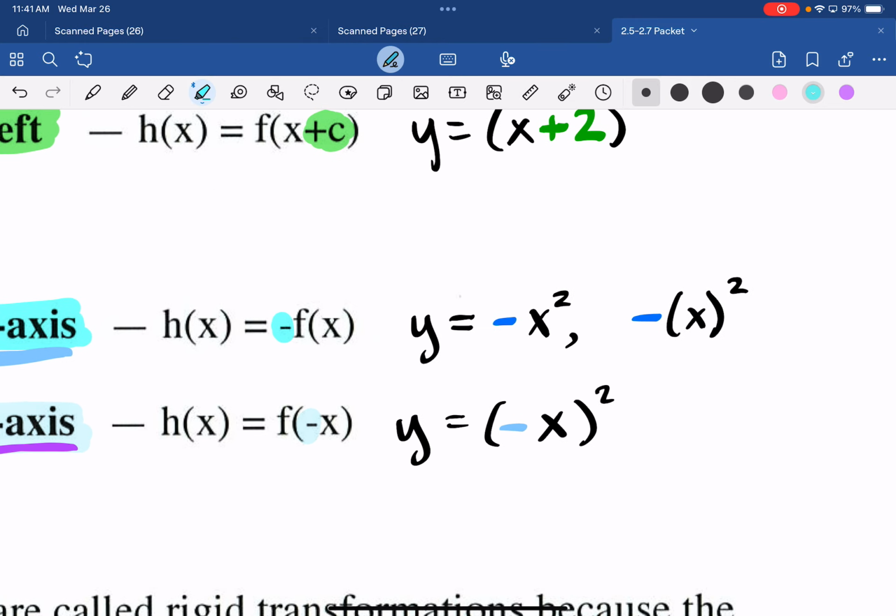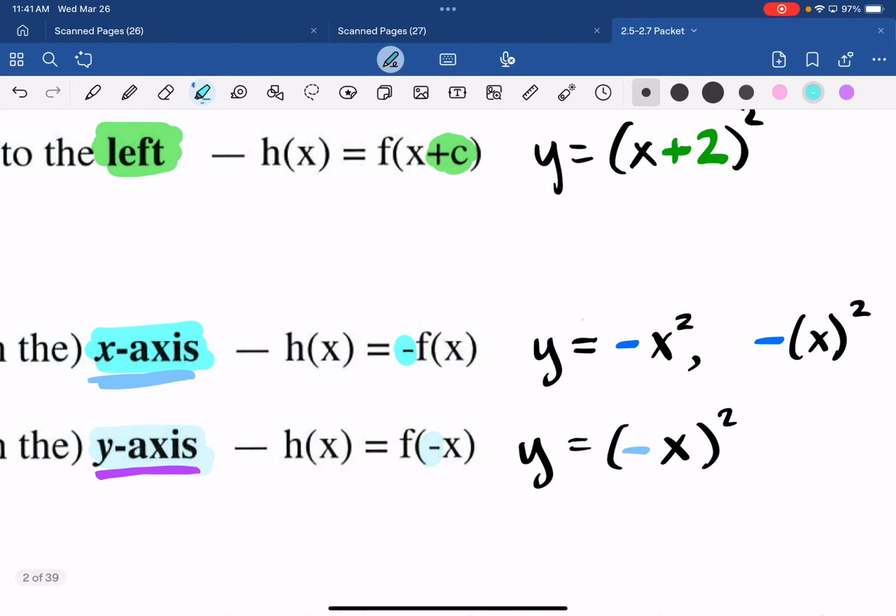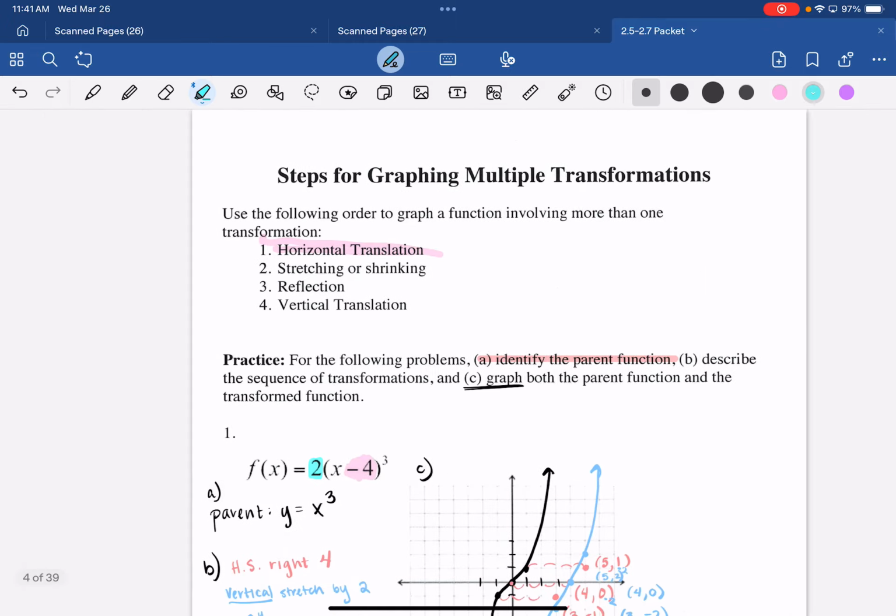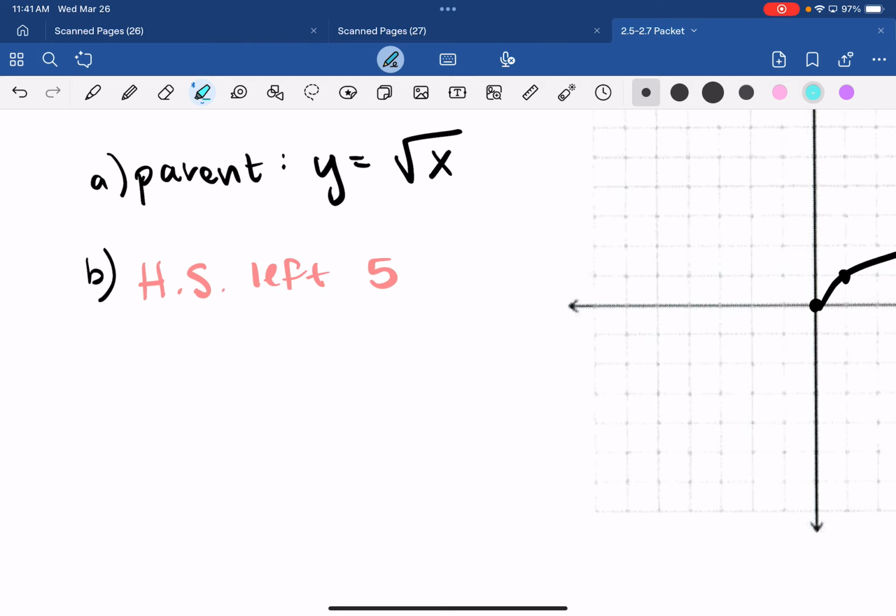If I have a negative inside with it, it's a reflection around the y. So if my negative's inside, I reflect about the y. So I'm going to say here, I have a reflection, and I'm just going to put in parentheses y-axis, because that's how I'm reflecting. Okay?